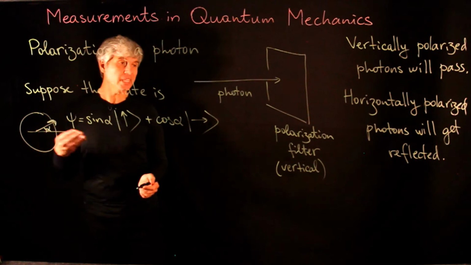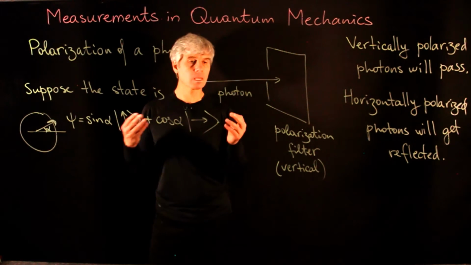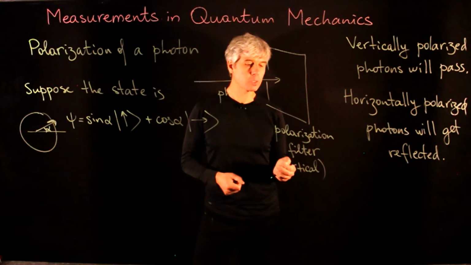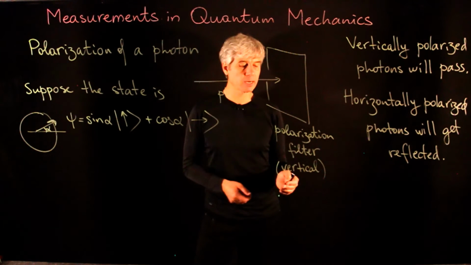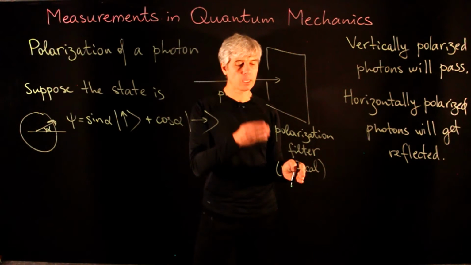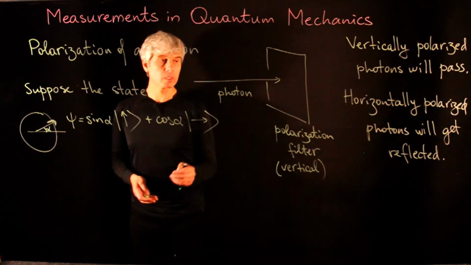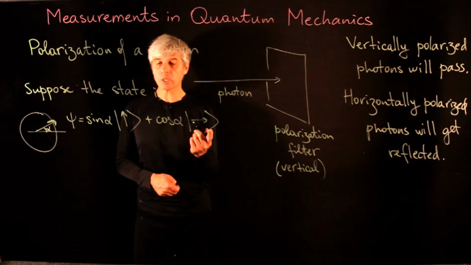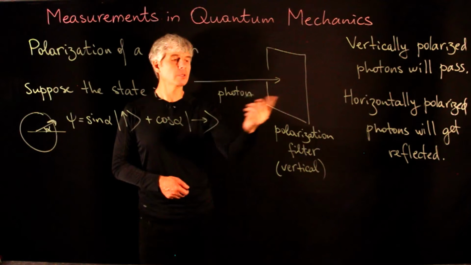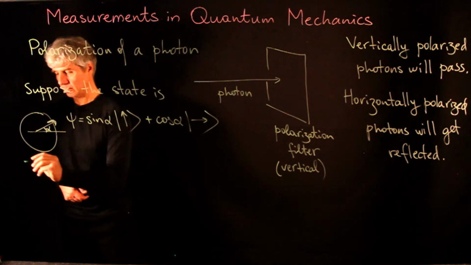And so what happens now if this photon comes to this vertically polarized filter? So it turns out that the outcome of this interaction between the photon and the filter is probabilistic.